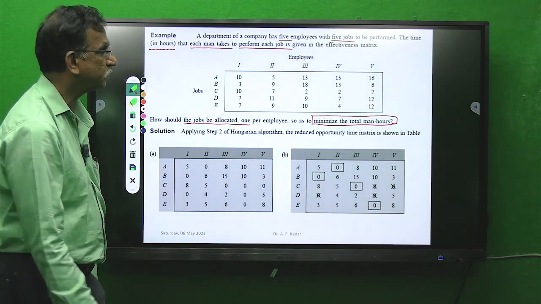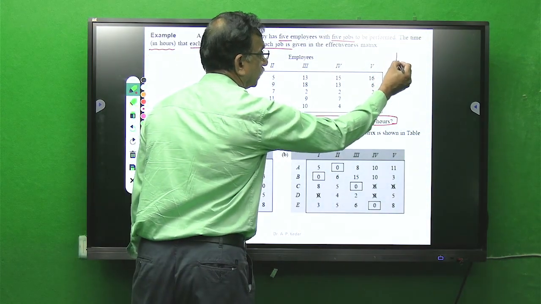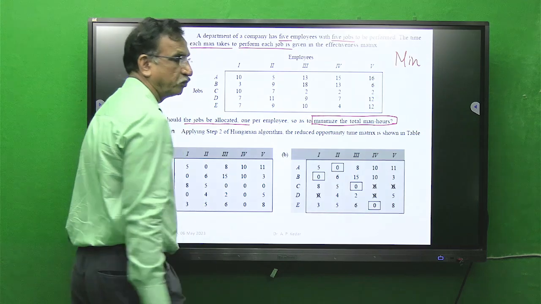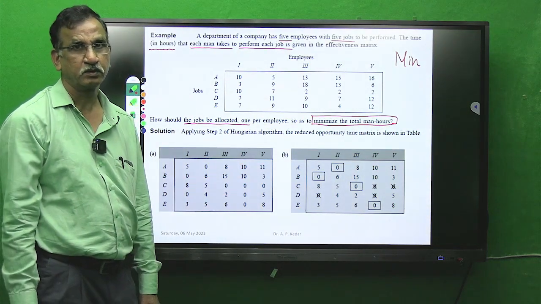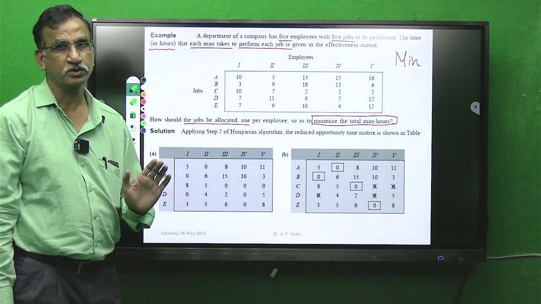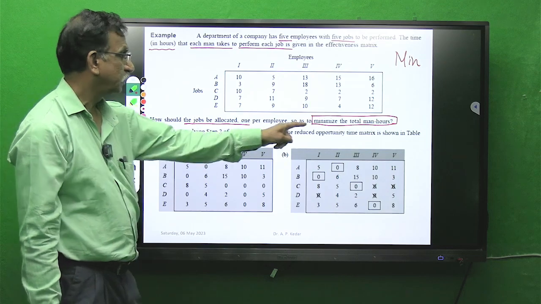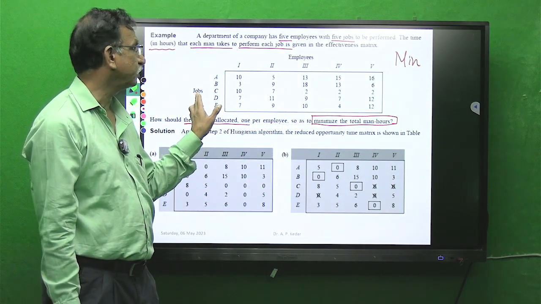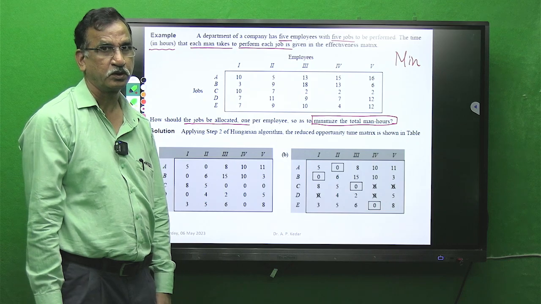So the objective function, as we have studied in our earlier problem also, is to minimize. Here it is not cost, it is to minimize total man hours which are given for different combinations of jobs and employees.